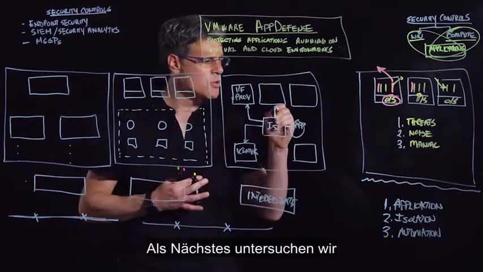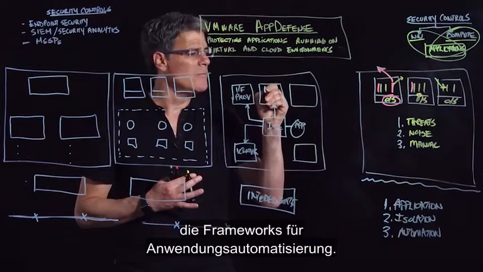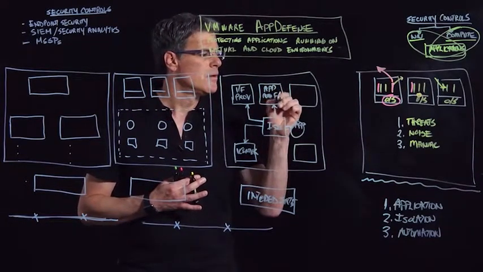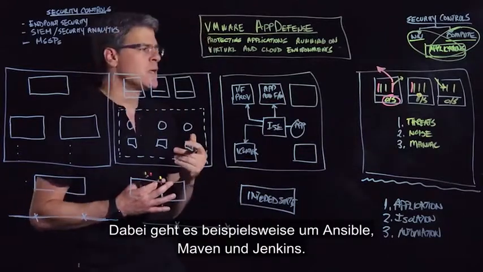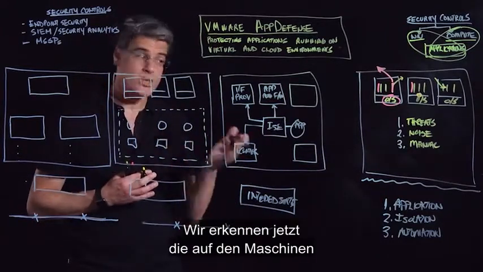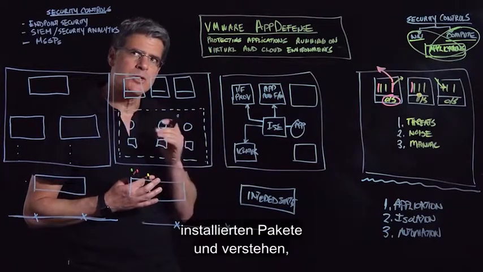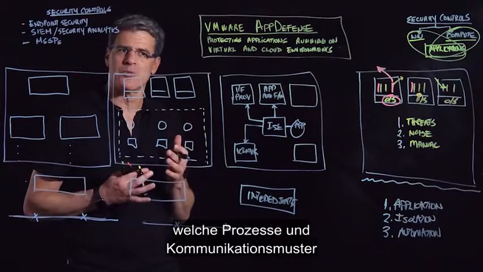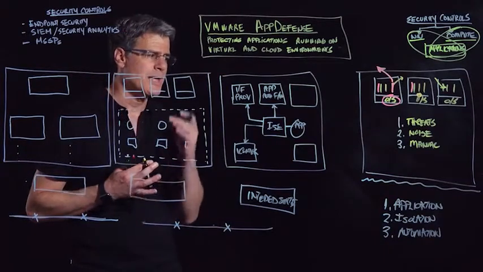But next, we start to hook in to all of the application automation frameworks. Things like Ansible, Maven, Jenkins. Suddenly we see the packages that have been installed on those machines. So we start to see, oh, these are the processes and the kinds of communication patterns we're supposed to see inside those.